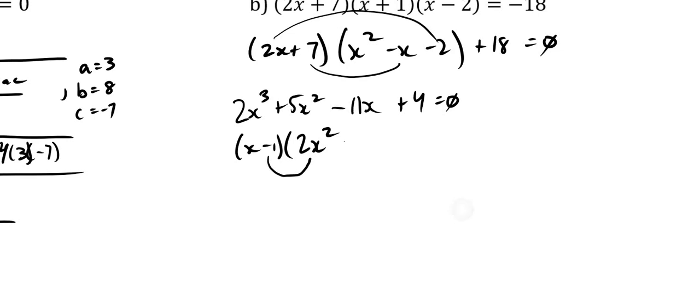And then this gives me negative 2x squared. I'm looking for 5x squared. What do I add to negative 2x squared to give me 5x squared? 7x squared. So this times that has to be positive 7x squared.